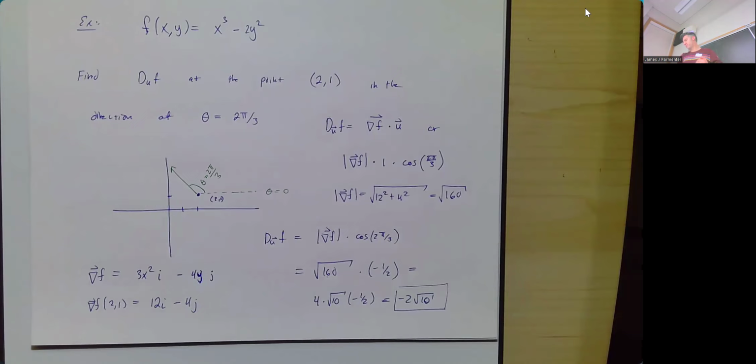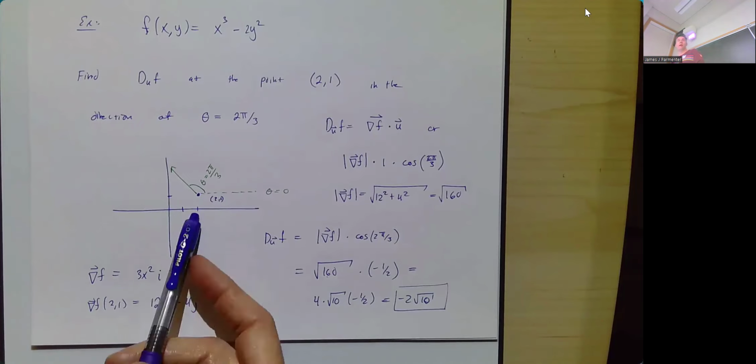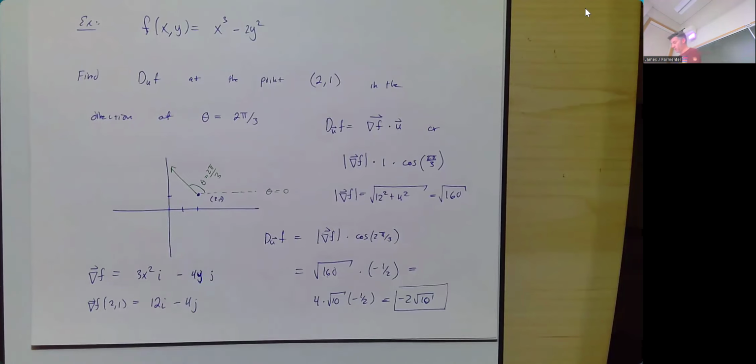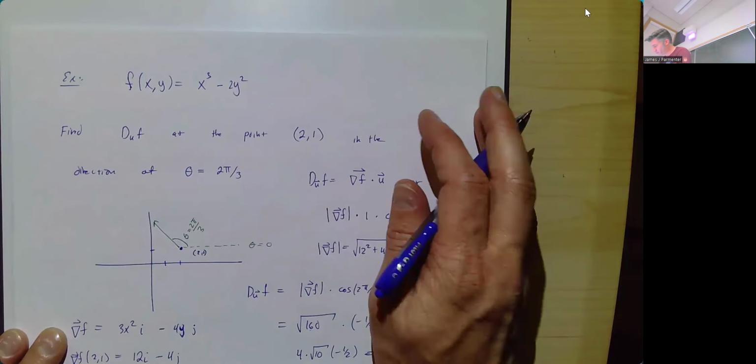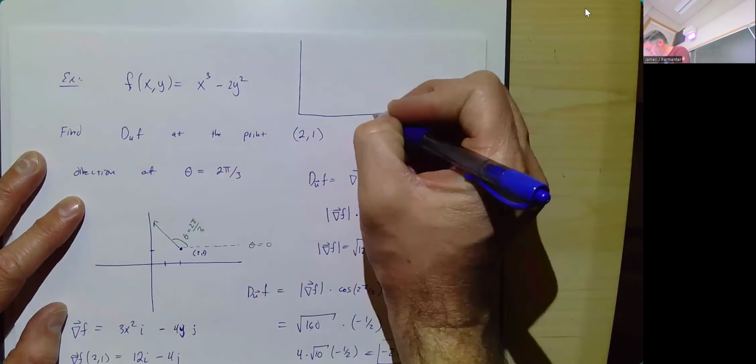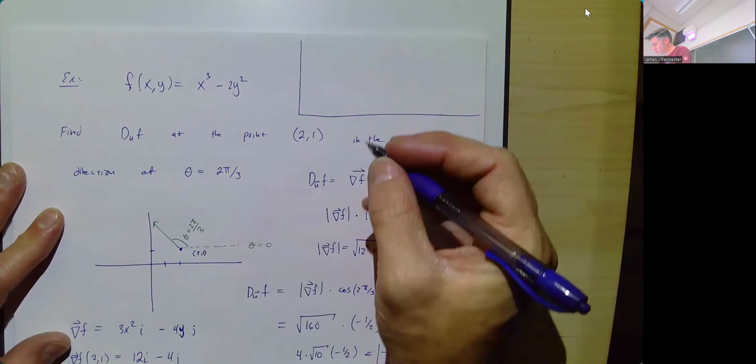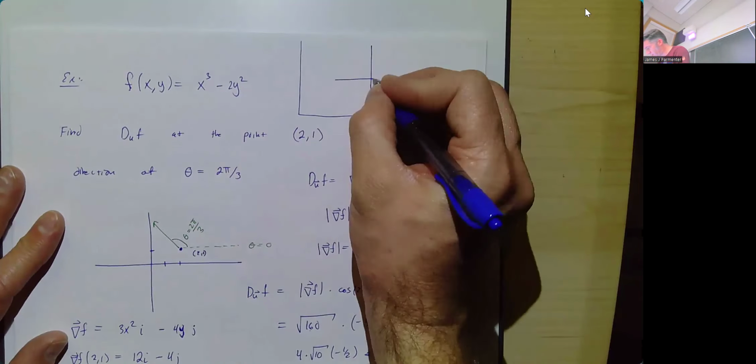Another way to do this would be to find the unit vector u. If you want to find the unit vector that points in the direction of theta being 2 pi over 3, you could just look for the point on the unit circle.